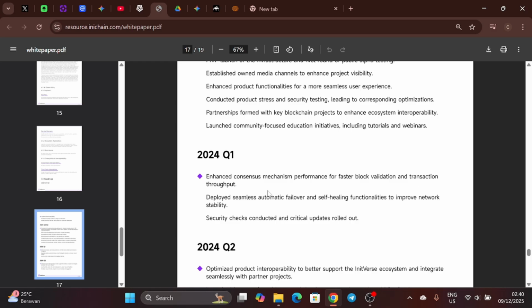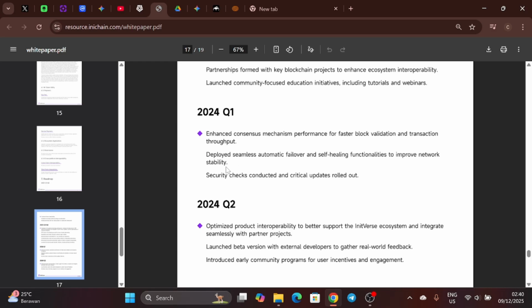Nice. Q4 2023 to Q1 2024: the consensus mechanism is improved for faster blockchain validation and transactions, and seamless automatic failover and self-healing functionalities are deployed to improve network stability.